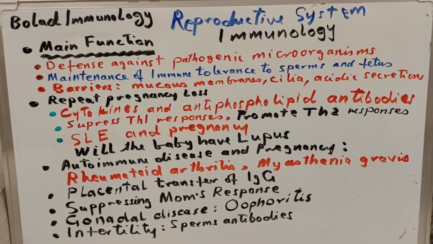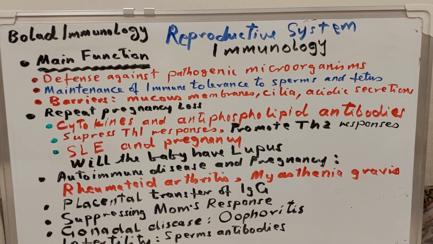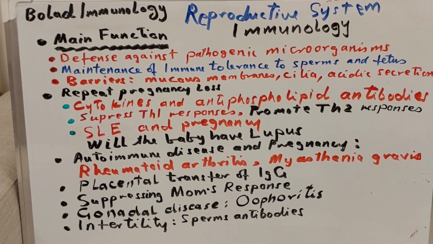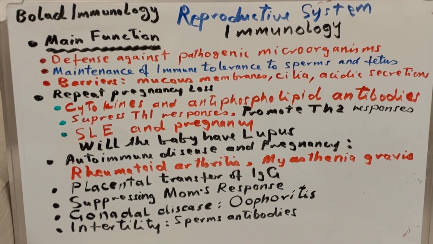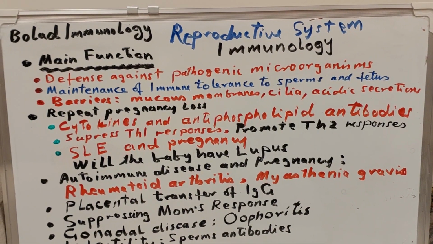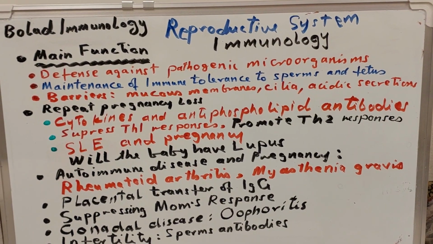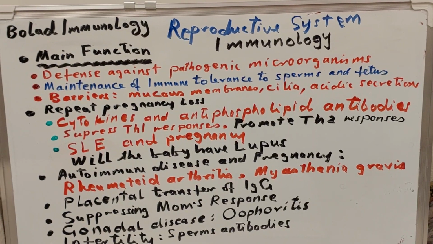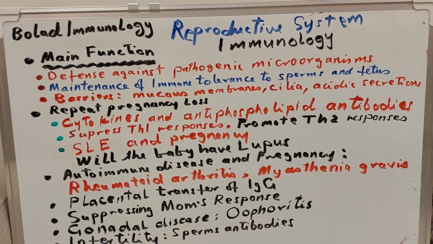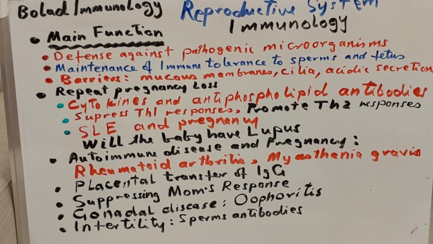For example, as they have excess antibodies, these may bind to some antigens and reside in the kidney and may lead to nephritis, or lead to formation of blood clots, as I mentioned, and that may predispose to miscarriage.